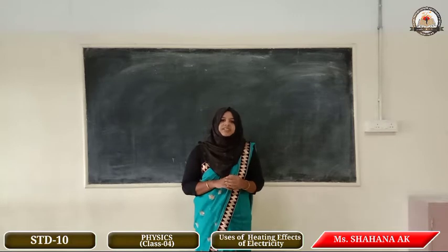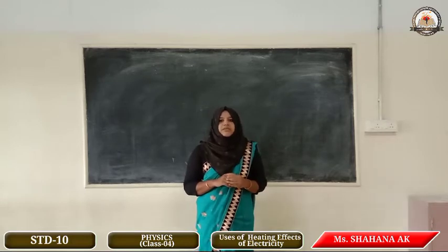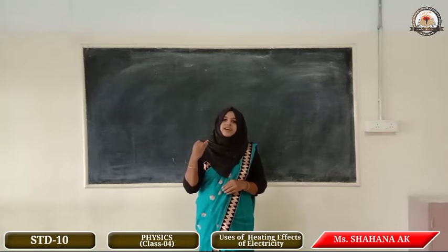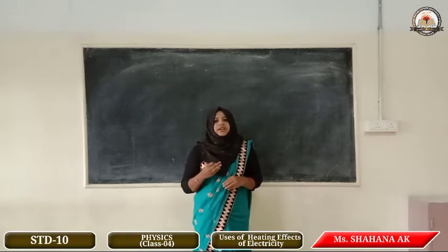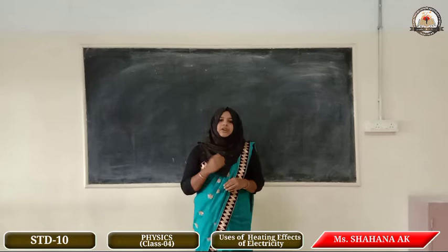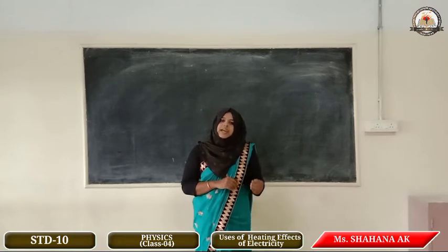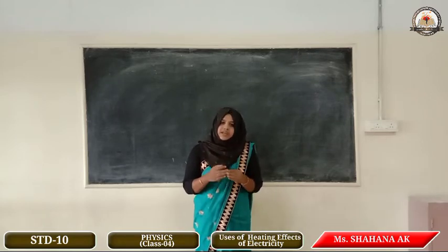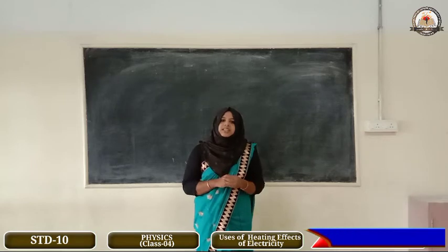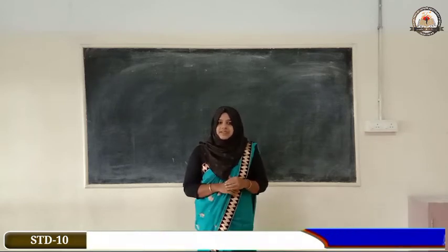One more time I am repeating. Nichrome has high resistivity, high melting point and the ability to remain red hot for a long time without getting oxidized. That's why we choose nichrome for making the heating coil. Is it clear?